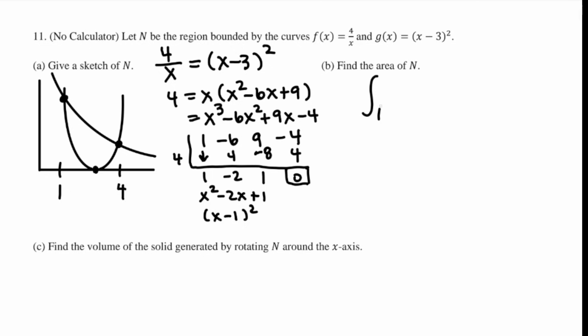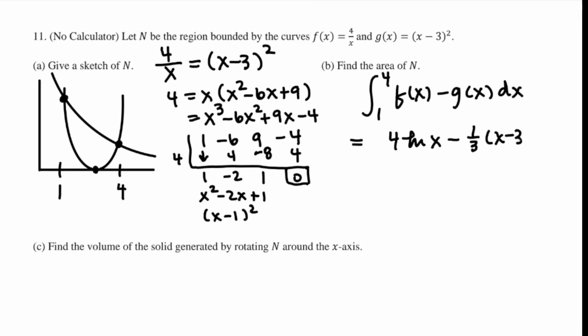So finding the area, I'm integrating from 1 to 4 on f minus g. I'm going to anti-differentiate to get 4 natural log of x minus 1/3 of x minus 3 cubed, and that works because the derivative of x minus 3 is just 1.